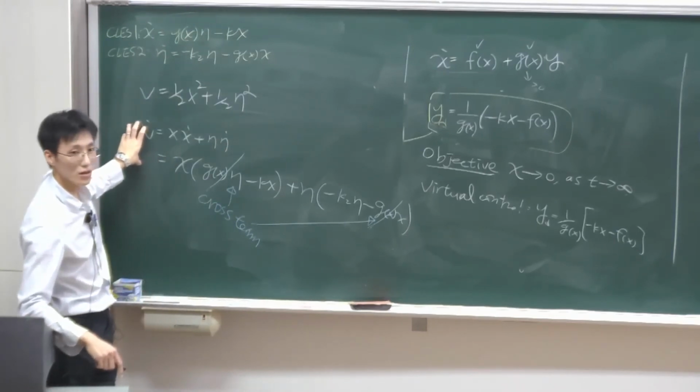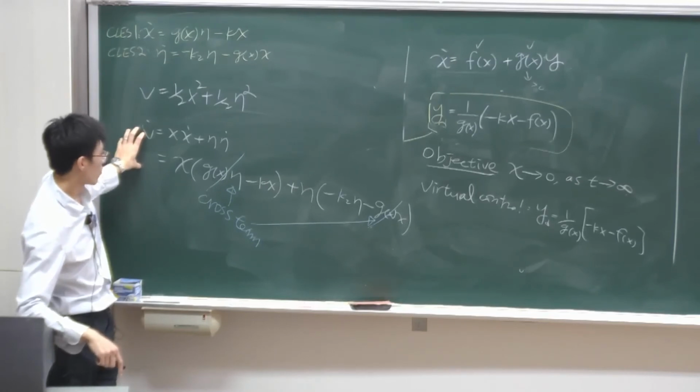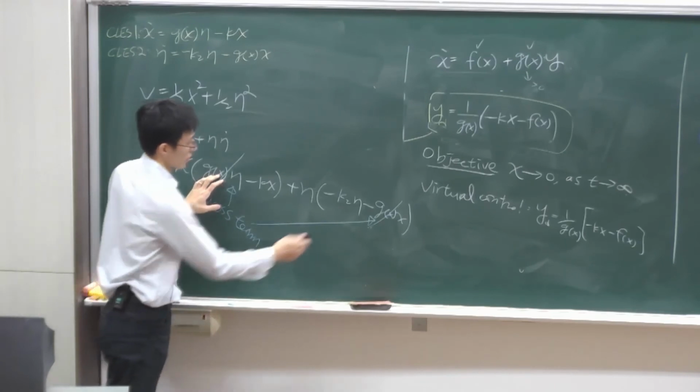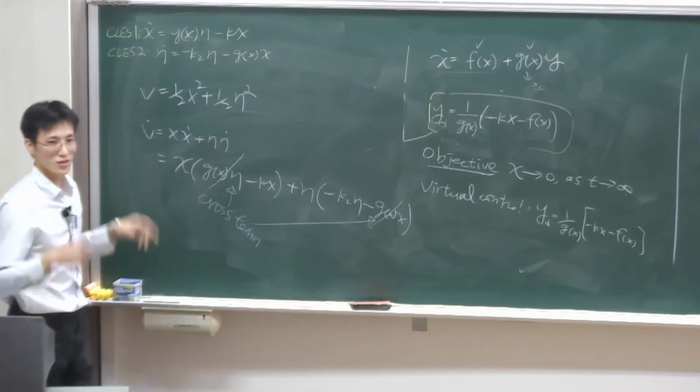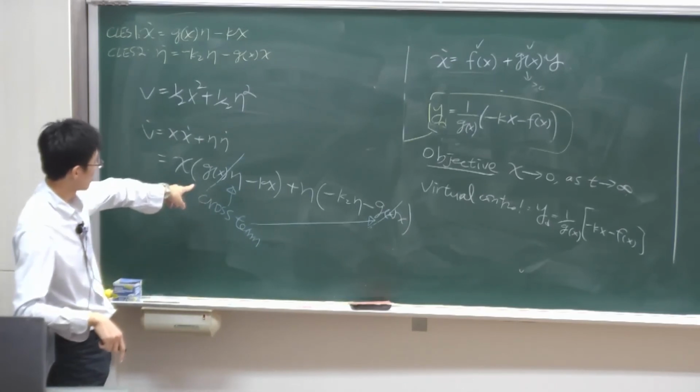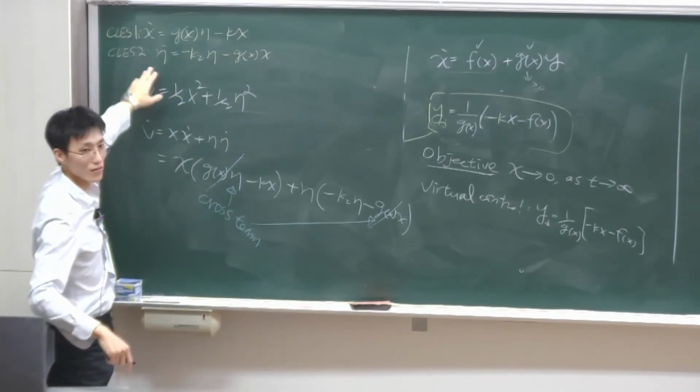Based on the stability analysis, v dot will be negative definite because this term will cancel out this term. Although this term looks like a bad term, it will be cancelled by the second system.